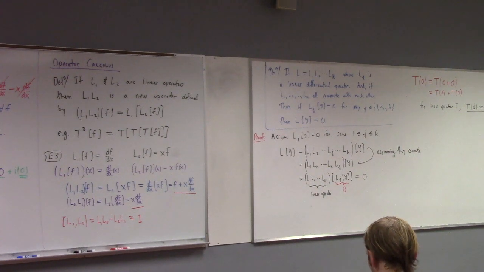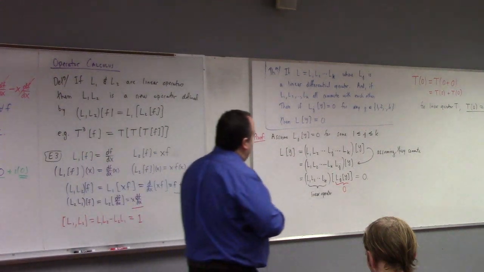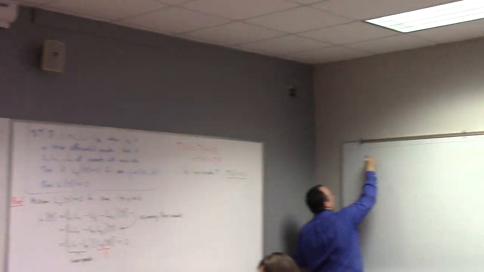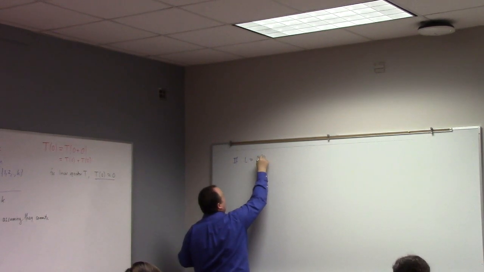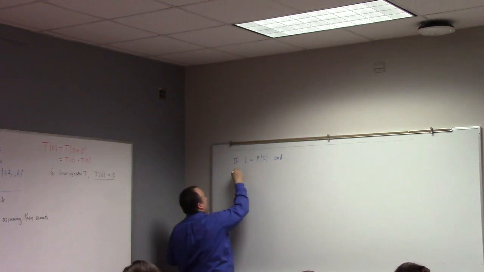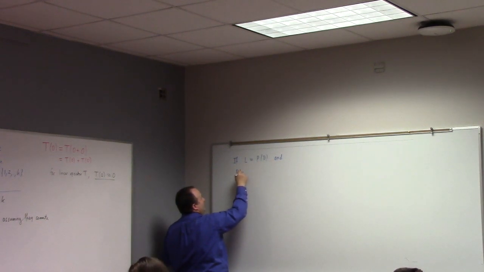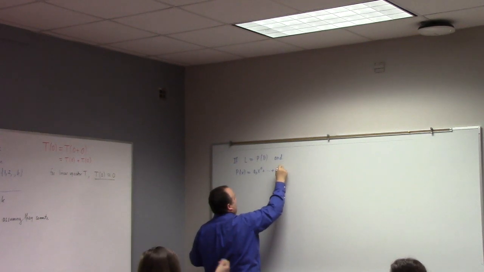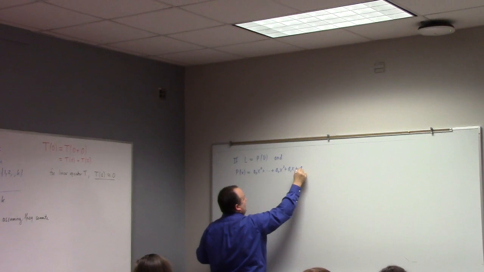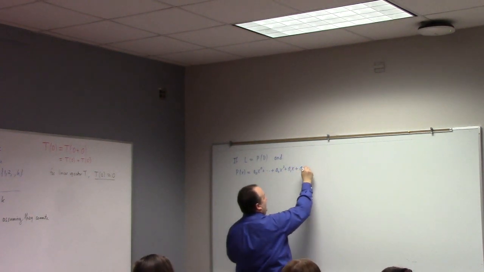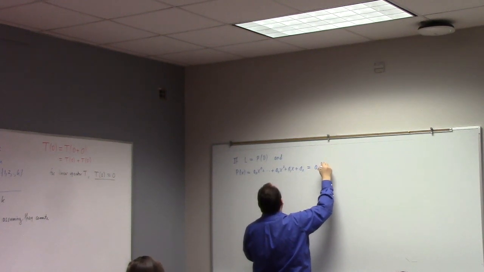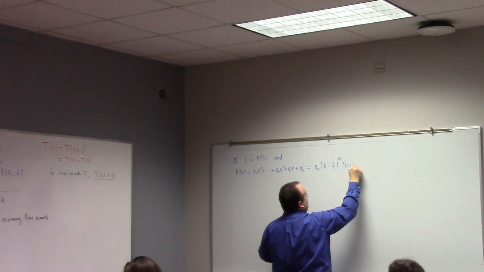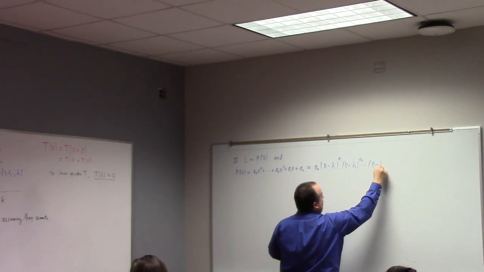So let's think about something here. If L is equal to a polynomial in the differentiation operator, and let's say P of x is equal to a_n x to the n plus ... plus a2 x squared plus a1 x plus a0, and let's suppose that factors as a_n times (D minus lambda 1) to the m1 power, (D minus lambda 2) to the m2 power, ..., (D minus lambda k) to the mk power.